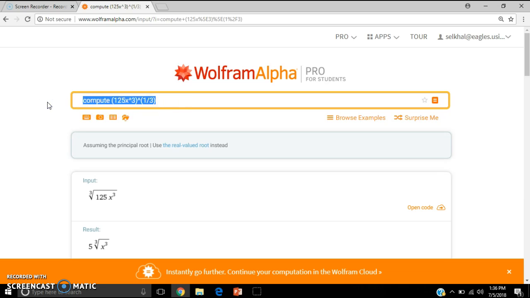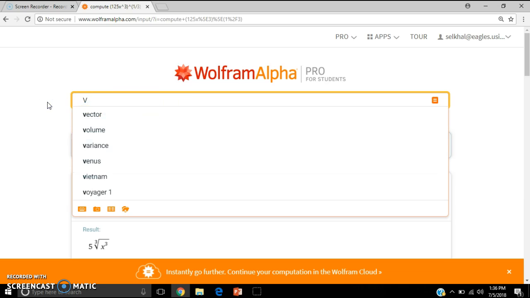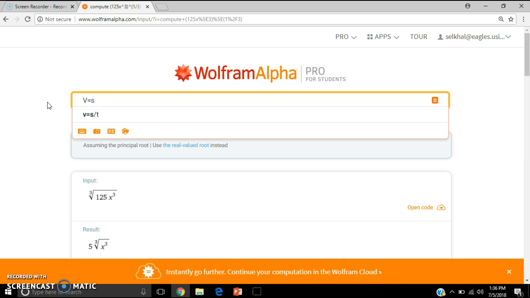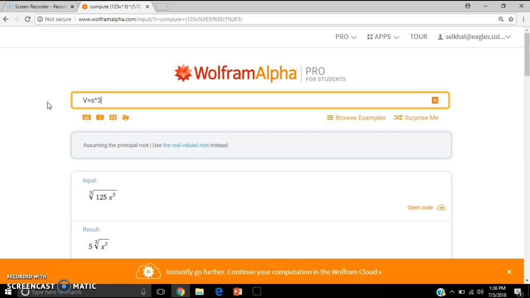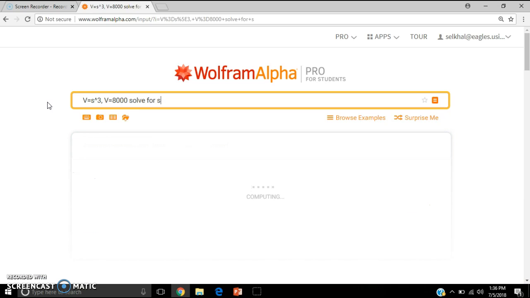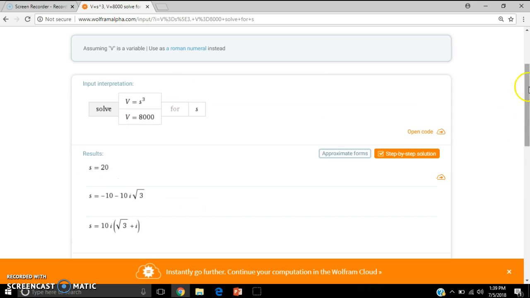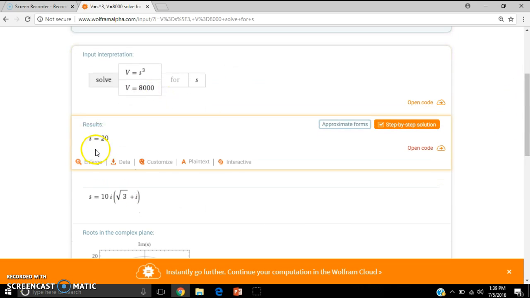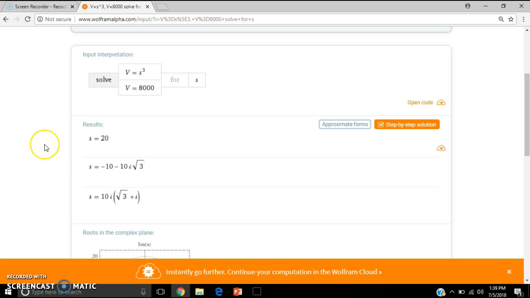So I'll type V equals S cubed, comma, V equals 8,000, and then solve for S. And here we see the results, and we can eliminate the complex solution to conclude that S is equal to 20.